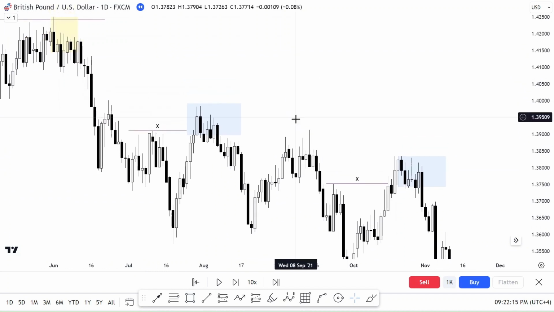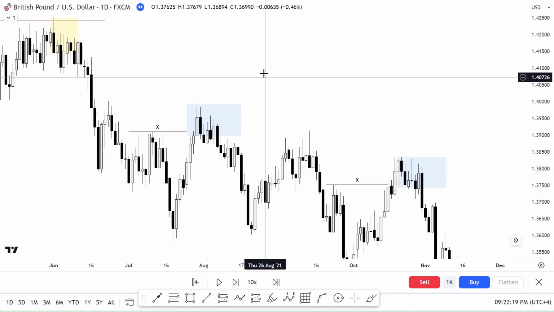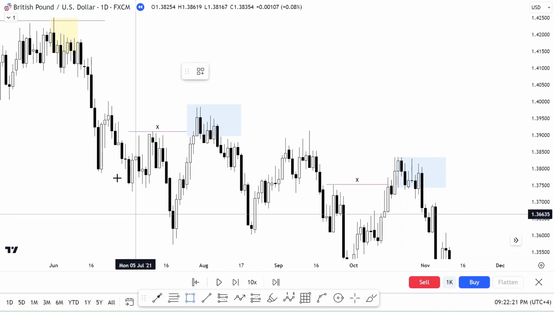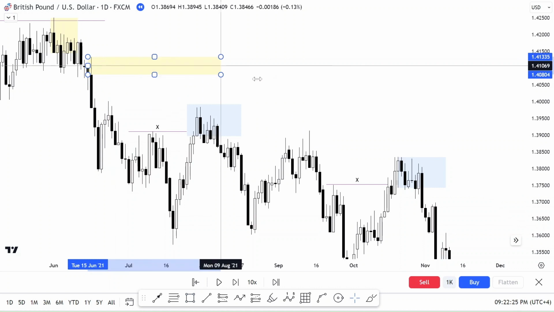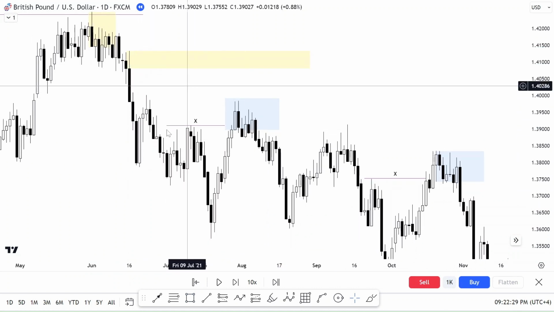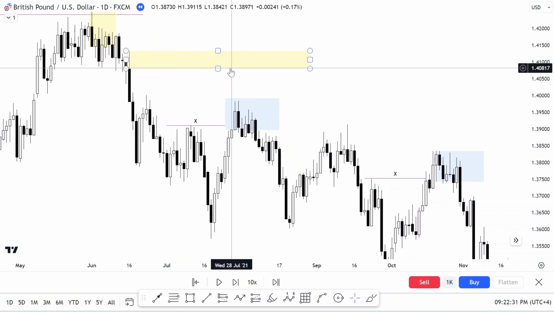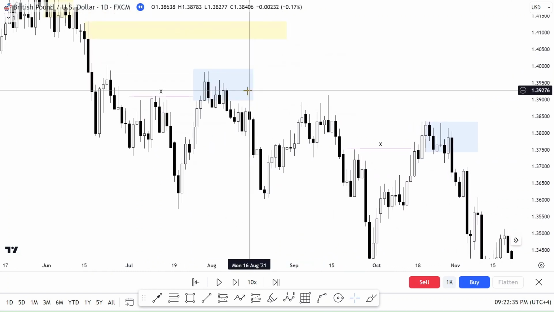Why? Because sometimes the market will not reach your OB. Here, for example, we can call this an OB because it swept the previous candle high, right? So sometimes the market will trick you and will not reach your OB. So in this scenario, how can you know that the market is planning to sell?